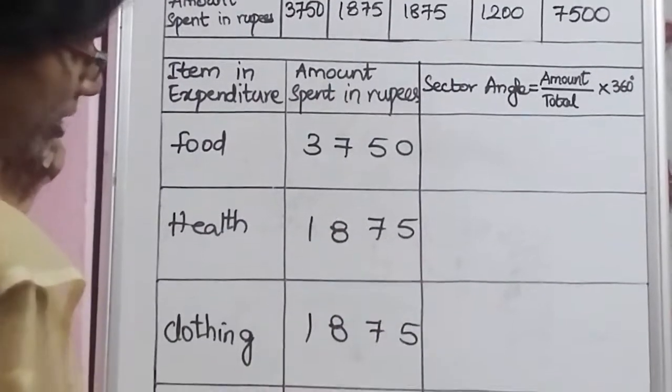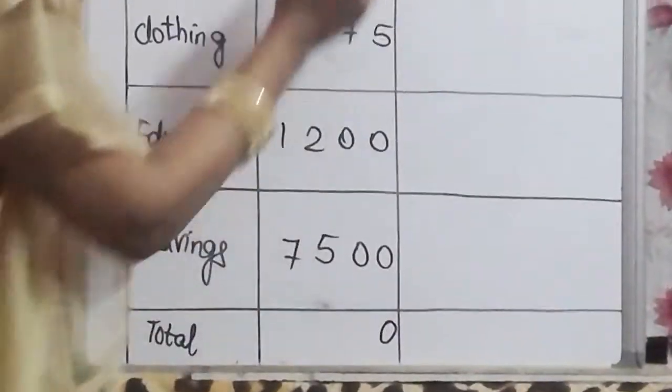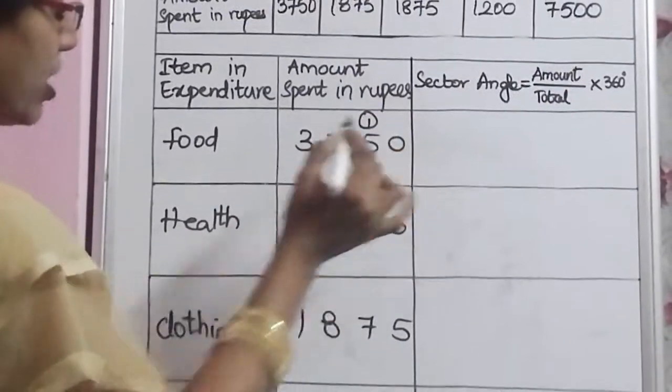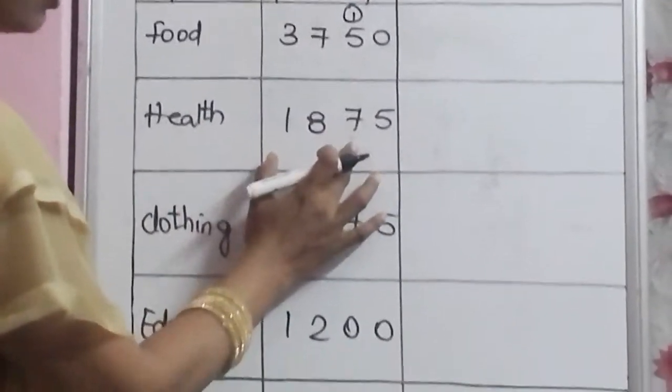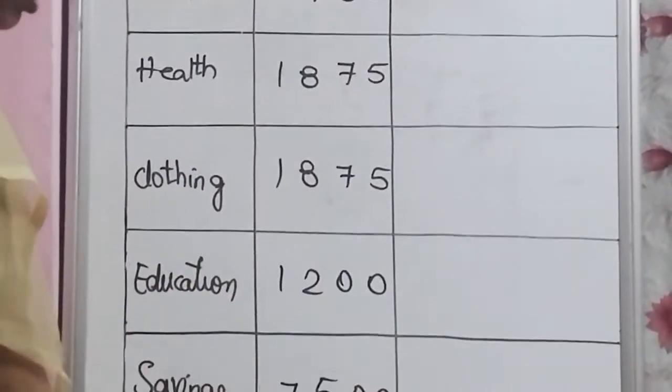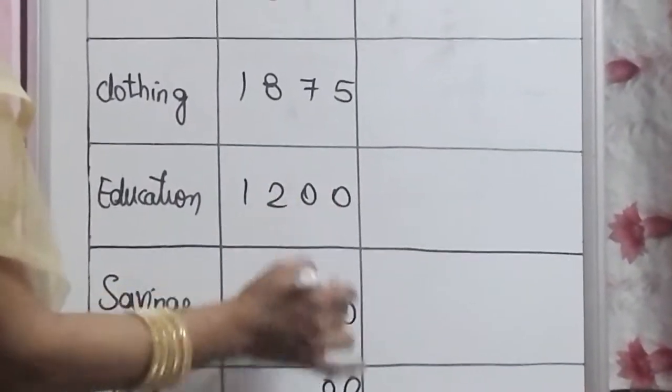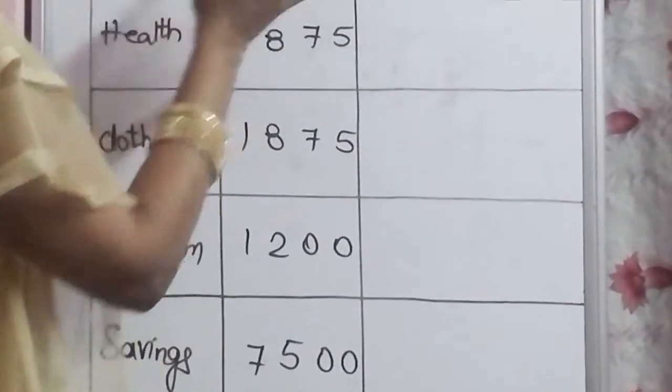You need to add. 5 plus 5 is 10. So 0 here and 1 carry. 5 plus 1 is 6. 6 plus 7 is 13. 13 plus 7 is 20. 20 plus 0 is 20 itself.